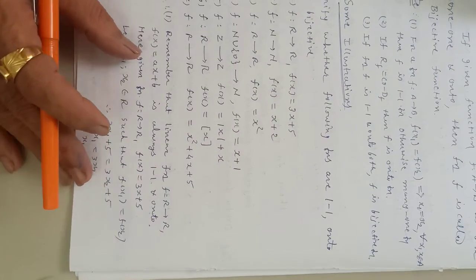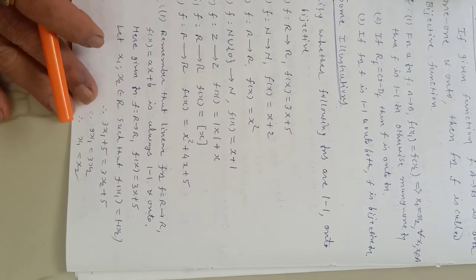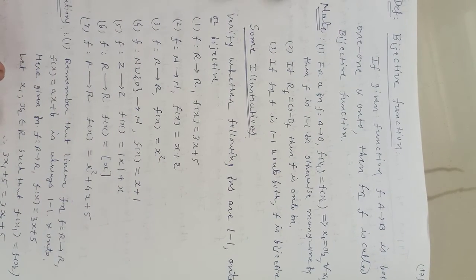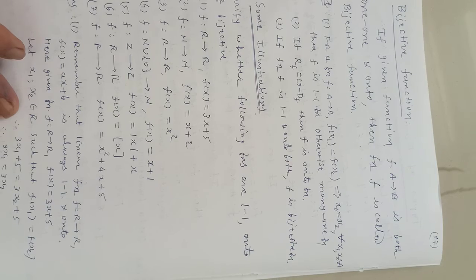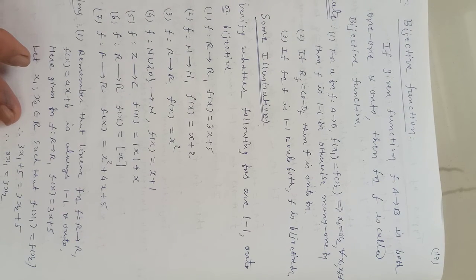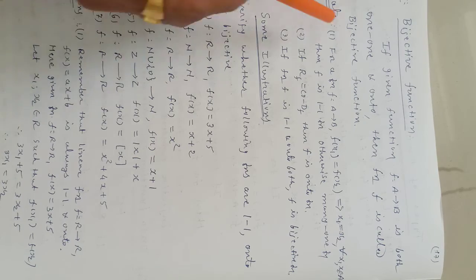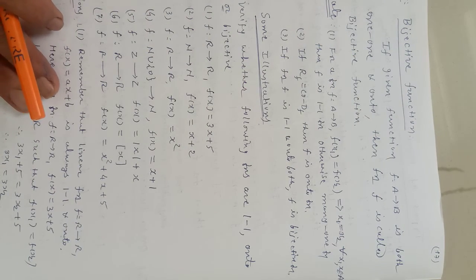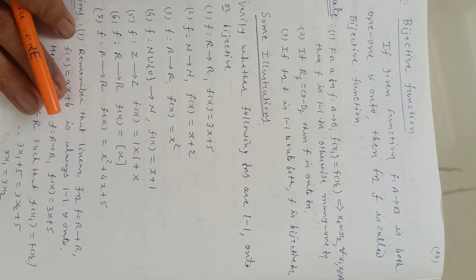Before we start, see here another definition, that is called bijective function. A function f from A to B is called bijective if it is both one-one and onto. Suppose you check your function and you get both one-one and onto, immediately say it is a bijective function, correct?